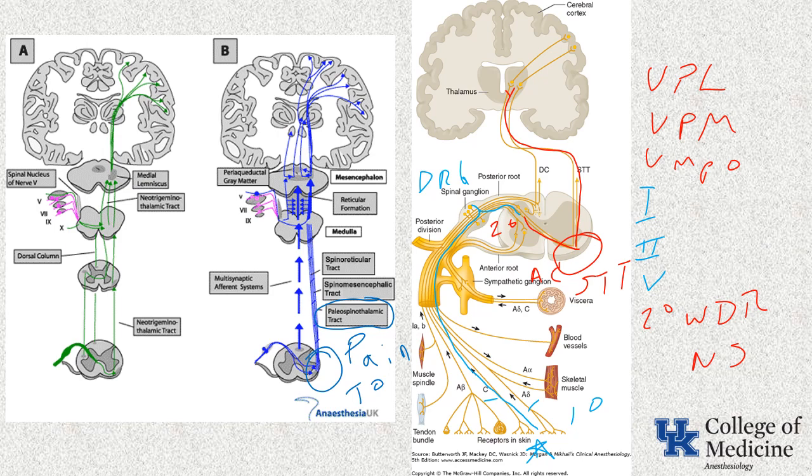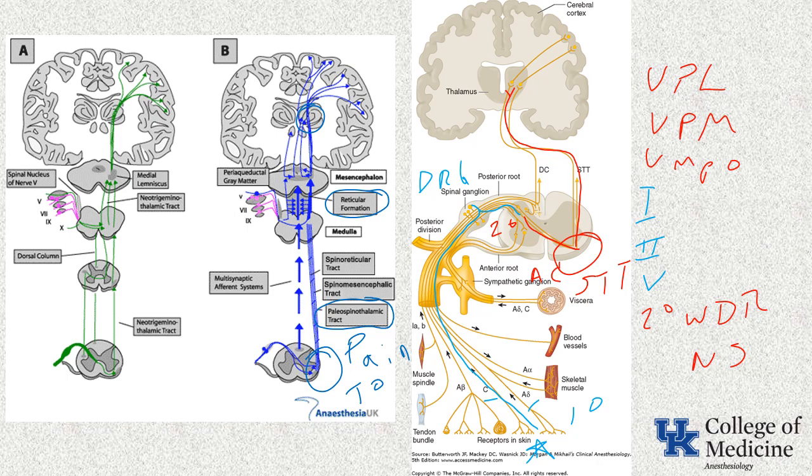And a lot of these fibers, up to 85% of these fibers, transmit to the reticular formation of the brain, and the rest synapse on thalamic structures. The reticular formation is involved in many functions, one involving the reticular activating system, which is involved in arousal and wakefulness.